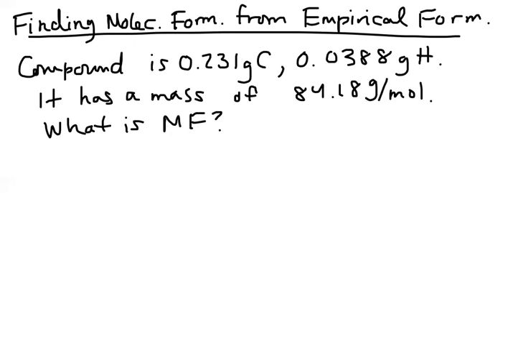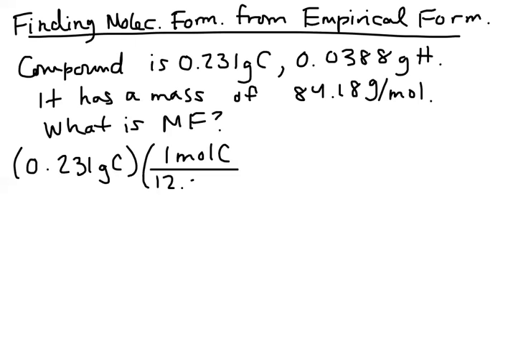Okay, just start it like we did with all of the other ones. And this is going to give you 0.0192 moles of carbon. And it can be a small amount. This is okay because remember the ratio of these elements is the same no matter if you have a kilo of it or 0.05 grams of it. It's going to be the same ratio, okay?